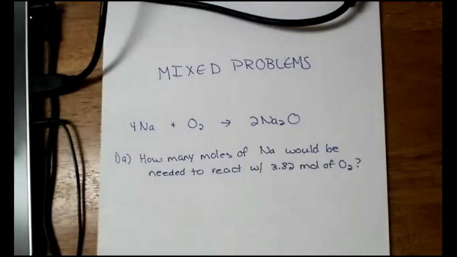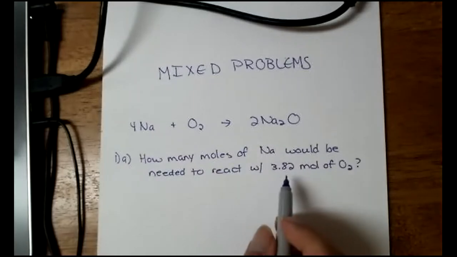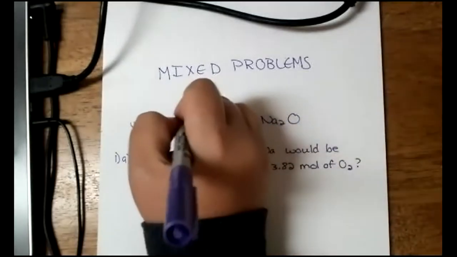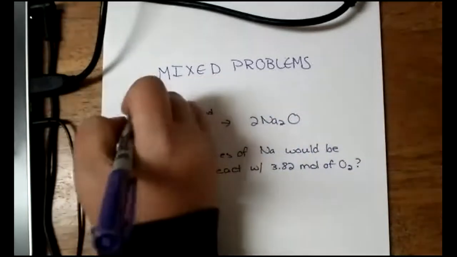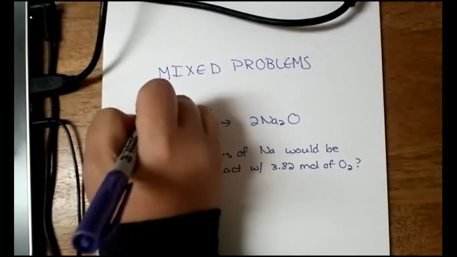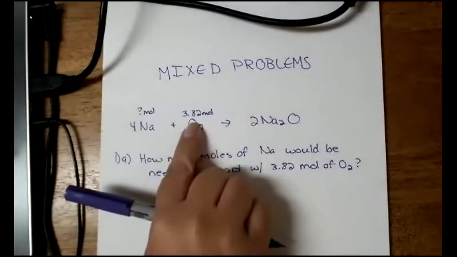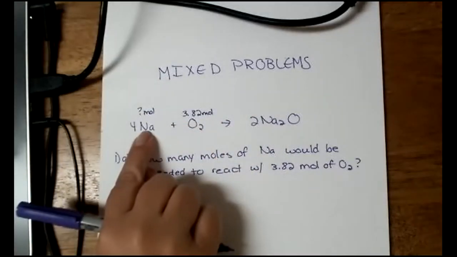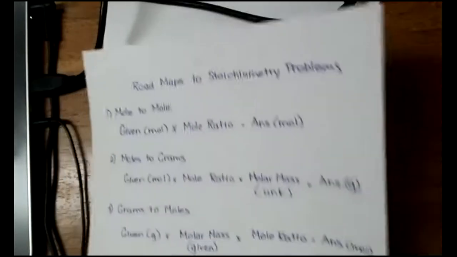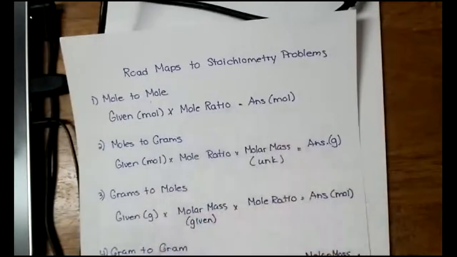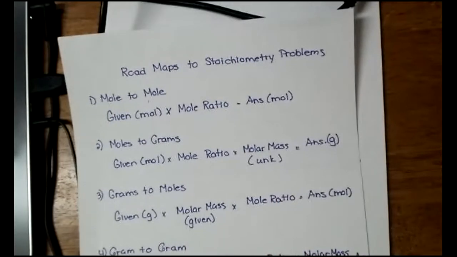This one's balanced for us. And then I'm going to come over here and write down my given. So it's 3.82 moles. And they want to know how many moles of sodium that would be. So by writing down my given and my unknown, I immediately am able to say, oh, this is a mole to mole problem. And so I'm going to use this roadmap to work this problem. I'm going to start with my given in moles, use my mole ratio, and boom, I've got my answer.